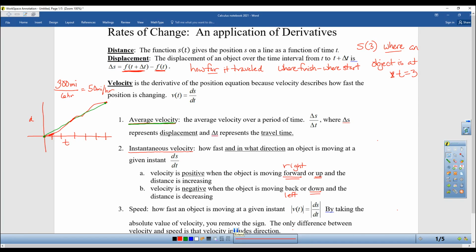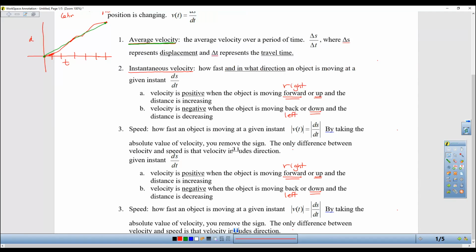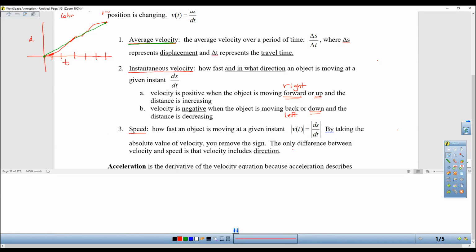Now, obviously, when I'm coming home from Cape Cod, I don't say my velocity was negative 50 miles an hour. That's because normal people use speed. Speed is the absolute value of velocity. So it pretty much says, I don't need the positive or negative sign. The positive or negative sign gives you direction. So if you choose to omit it, then you're just giving me the speed.